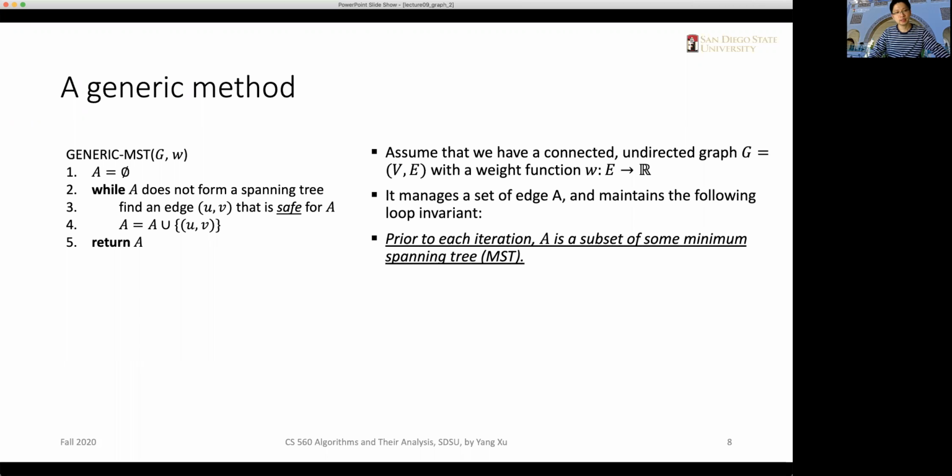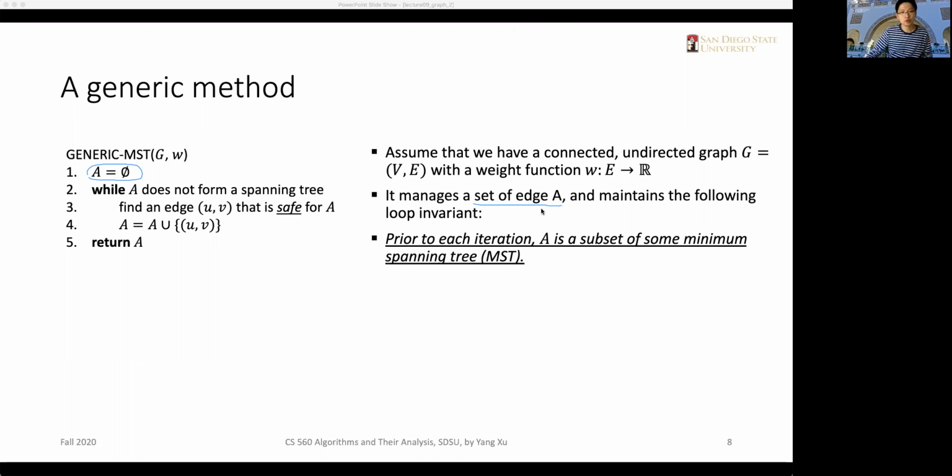It basically manages a set of edges. The capital A, which is initialized to empty, is a set of edges. This is the variable where we store the results, because the result is a minimum spanning tree, and a minimum spanning tree is a set of edges.